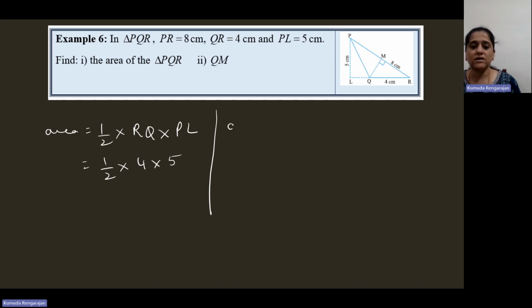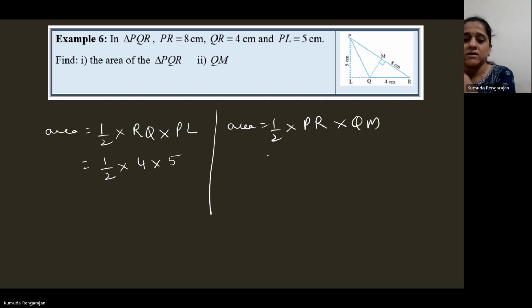See, if you take area is equal to half into, if you take PR as a side, any side you can take as a base, PR into QM, half into PR is 8, QM we don't know. Then how will you find area? So we can't do this.